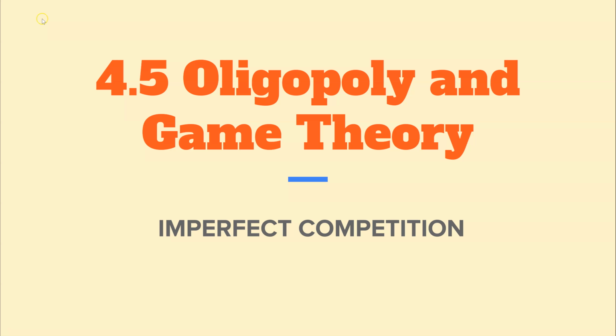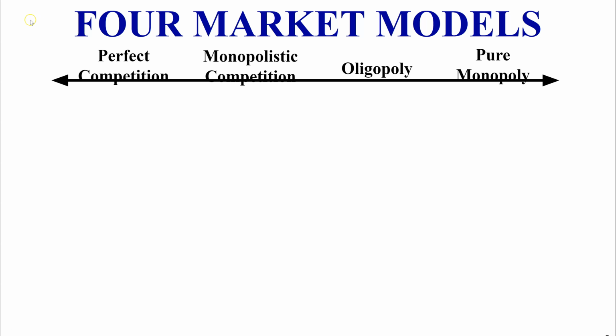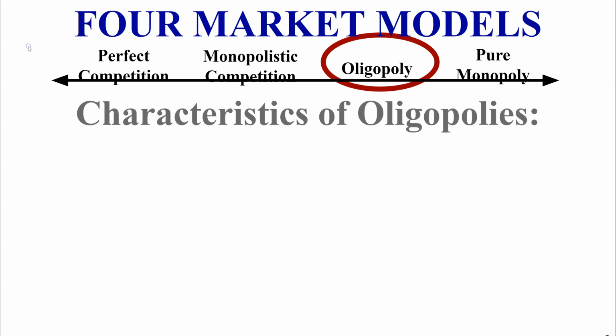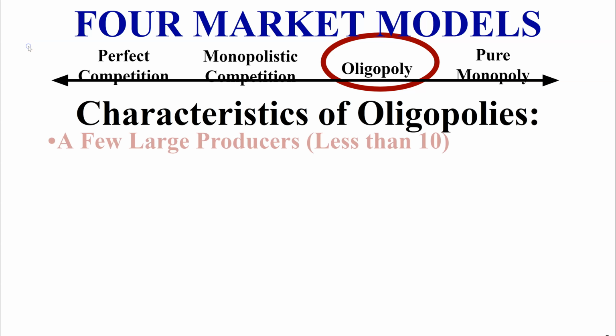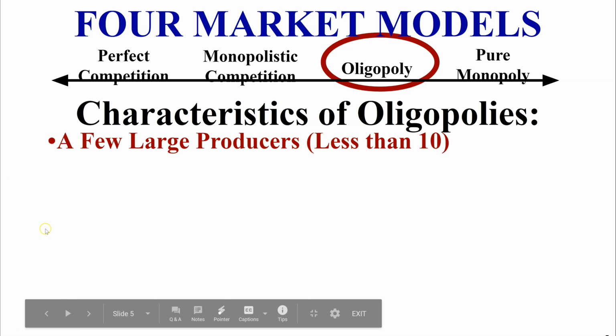So let's look at oligopoly and game theory as we look at 4.5 on the College Board's exam description of the microeconomics course. In this chapter, we're looking at oligopoly and the imperfect competition within oligopoly. The idea of an oligopoly is that you have a very small number of producers, of businesses that are part of that organization, usually less than 10.